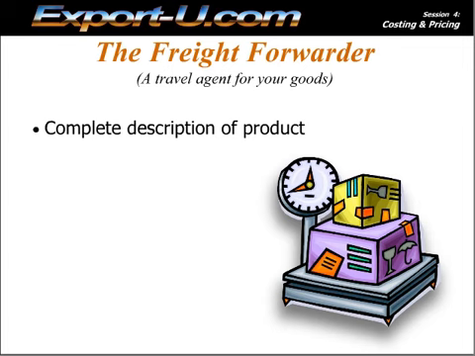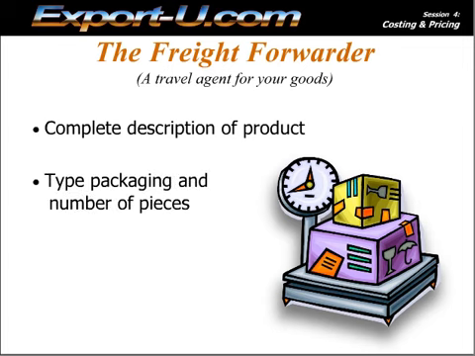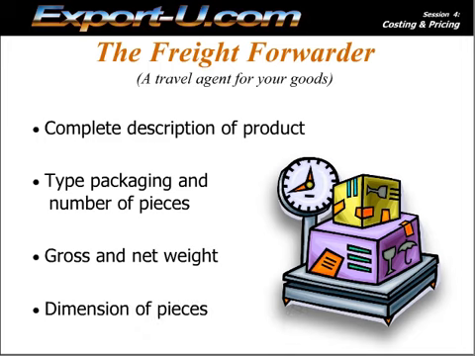Also ask the freight forwarder to confirm the HS code for you. The type of packaging and number of pieces, for example the number of cartons, crates, boxes, etc. Gross and net weights, provided both in US and metric weights. Dimension of pieces, again provide both US and metric measurements.